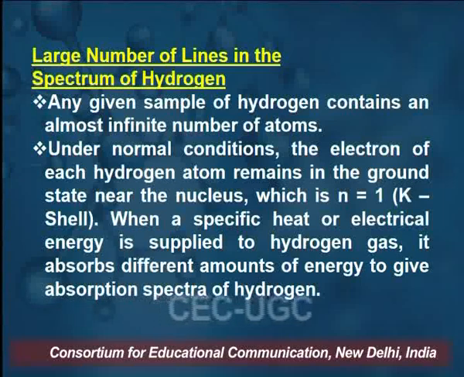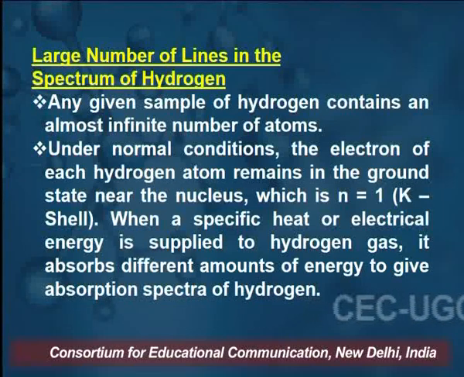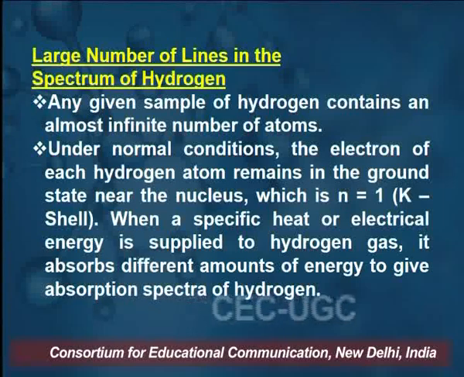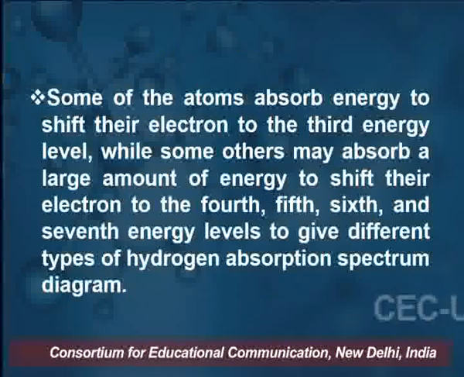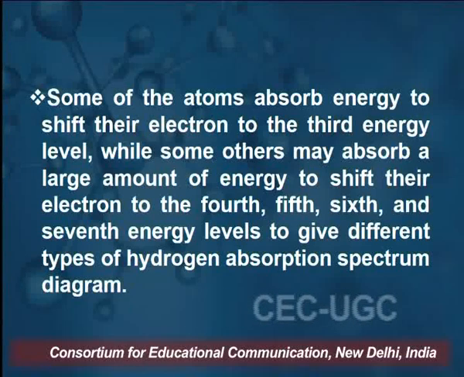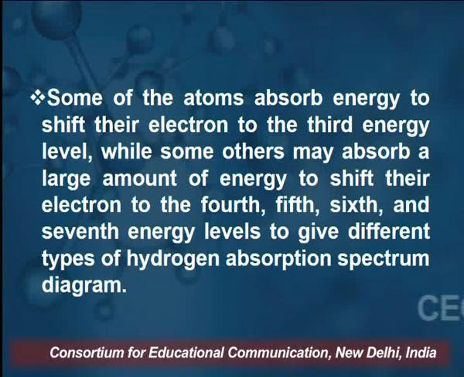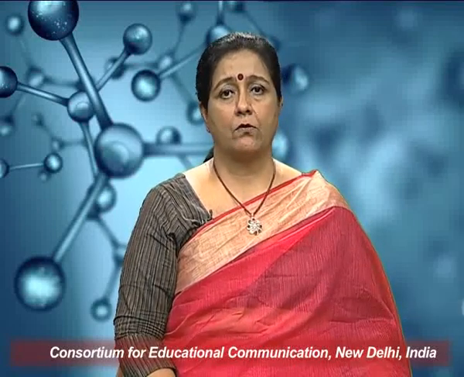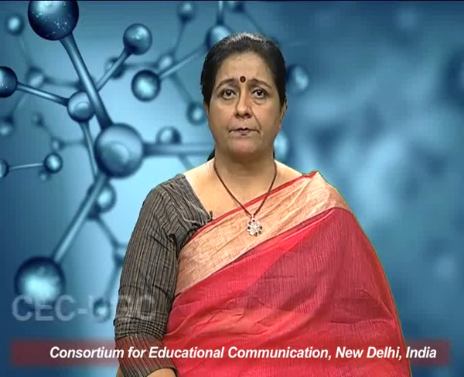When heat or electrical energy is supplied to hydrogen gas, it absorbs different amounts of energy to give absorption spectra of hydrogen. Some of the atoms absorb energy to shift their electron to the third energy level, while some others may absorb a large amount of energy to shift their electron to the fourth, fifth, sixth or seventh energy levels to give different types of hydrogen absorption spectrum diagram.